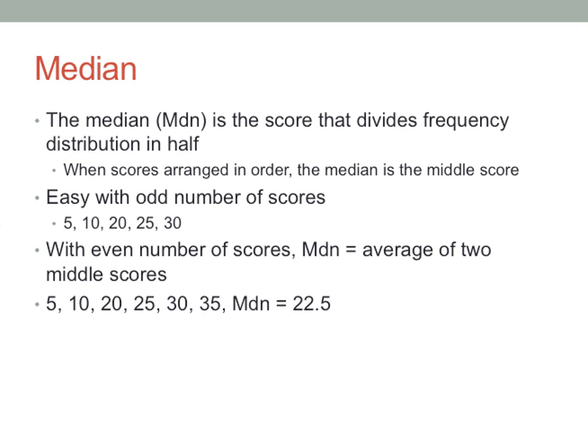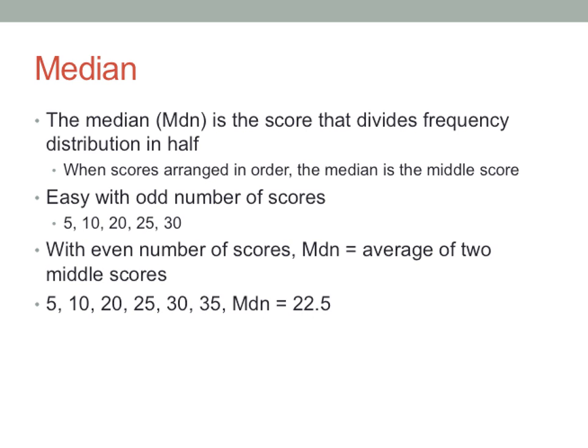Now with even numbers, the median is the average of your two middle scores. When you have an even number, you're going to end up with two middle scores. So 5, 10, 20, 25, 30, 35: 20 and 25 are the two middle scores. So 20 and 25, the average is 22.5.